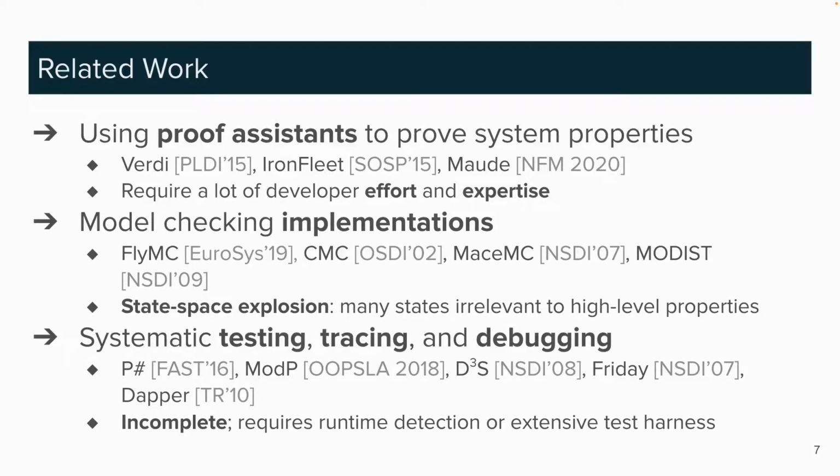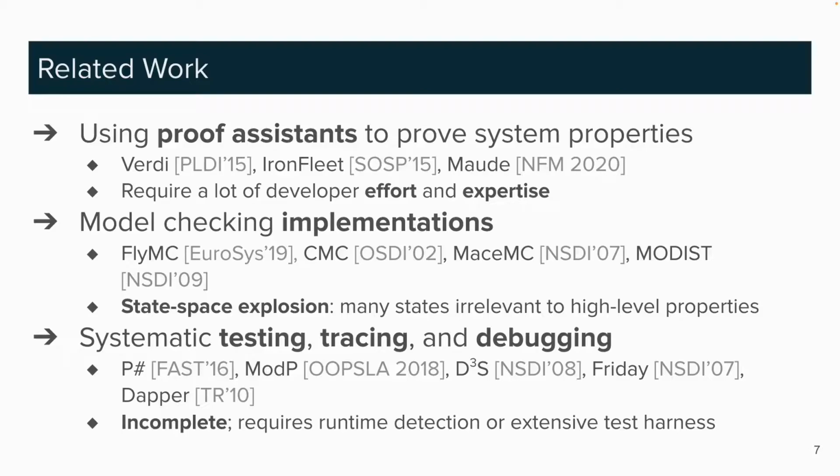Some other work tried to model check the system's implementations. Model checking here means exploring all possible executions of a system to see if it satisfies the required properties or not. Because the implementations are so complex, we would encounter the state space explosion problem very quickly, exploring only a small number of relevant states.